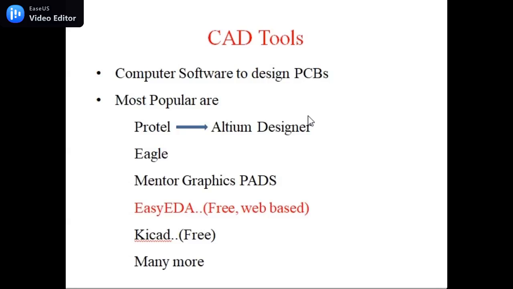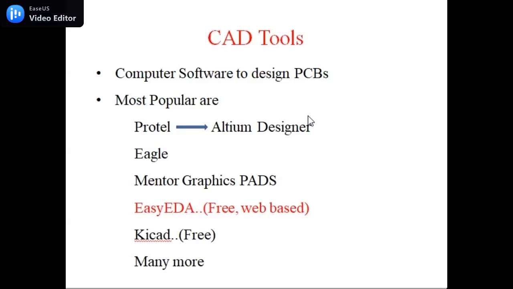PCB designing. But we are going to use EasyEDA. It is a completely free tool which is web based. There are other free tools also like KiCad. KiCad is also a very powerful tool, but currently we are focusing on EasyEDA.